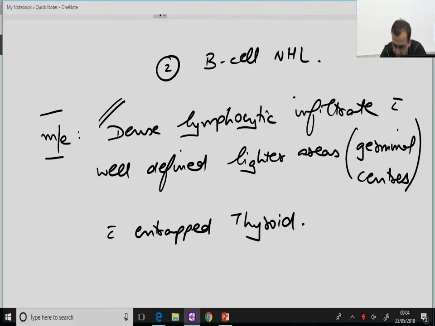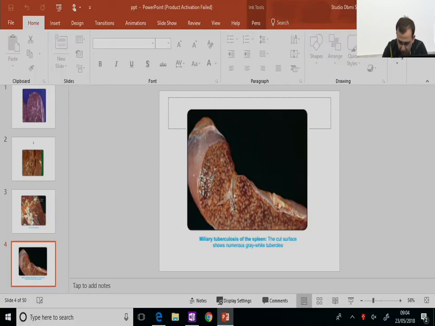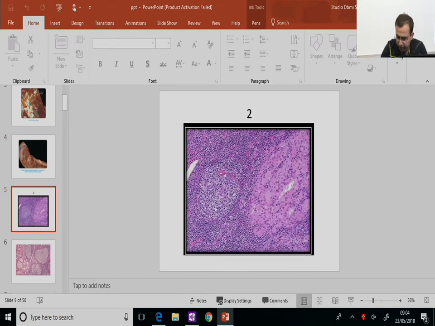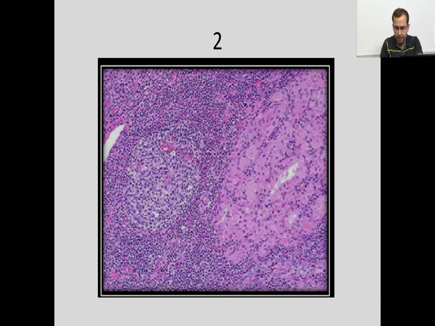So before we go further, let us have a look at what it looks like microscopically. This was the image which was asked in your exam. What you have here is the presence of thyroid, which we can see on the right hand side.